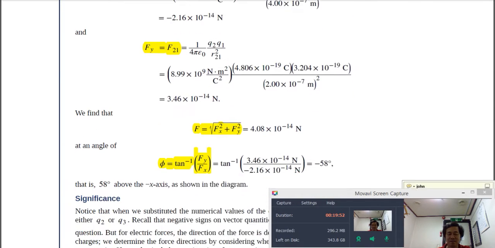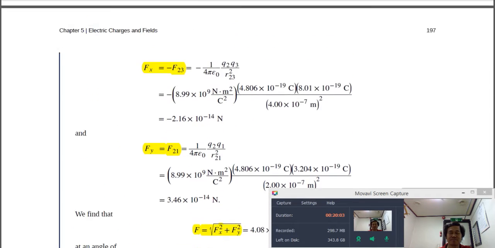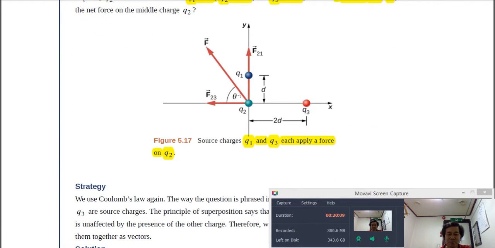And then we can calculate the direction of the force with respect to the x-axis. Here, let me see the figure. So here you note that the total force is in this direction. So we want to calculate this angle or this angle. So let me calculate this angle. This angle is equal to arctangent of the y component divided by the x component.